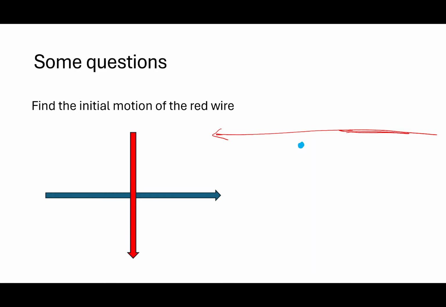The only thing that matters is where the red wire is in the magnetic field. If it was only on the left of the blue wire, you would find the magnetic field to the left. But if the red wire is only to the right, you would find the magnetic field to the right.